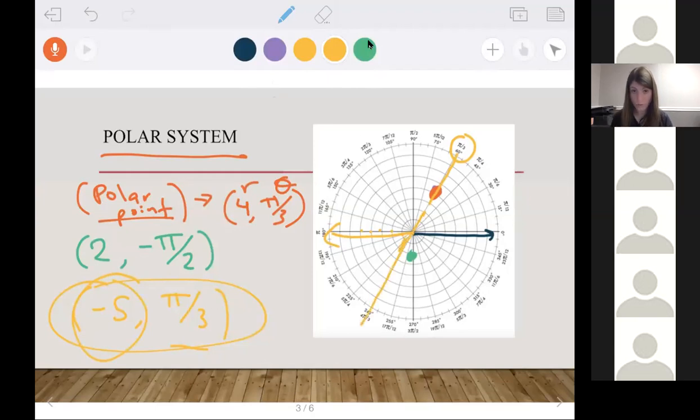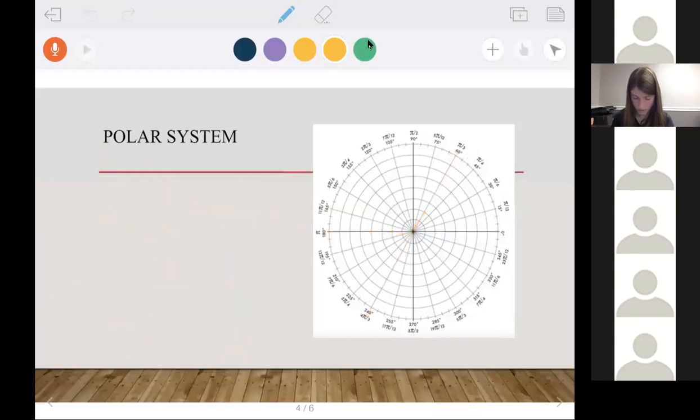All right, so while I'm troubleshooting Desmos, because I would like to share this screen, I'm going to give you a couple to try. And what I want you to do is just sketch your own picture for these. Let me give you a couple to do. I just gave you a blank polar coordinate so you could use it to help you. I'm going to give you 3 that I want you to plot.